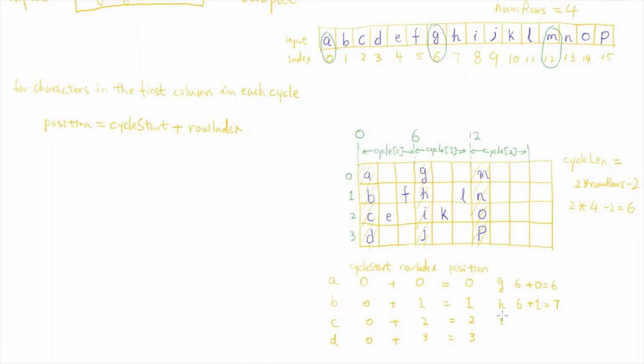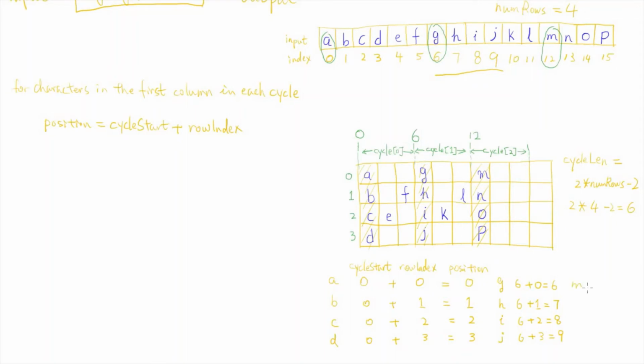I, 6 plus 2 equals 8. And J, 6 plus 3 equals 9. As we can see from the input string, the characters from G to J are at positions 6 to 9.